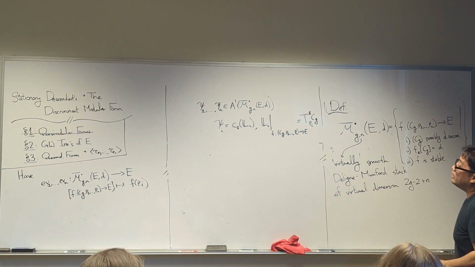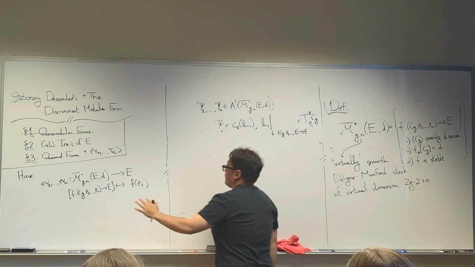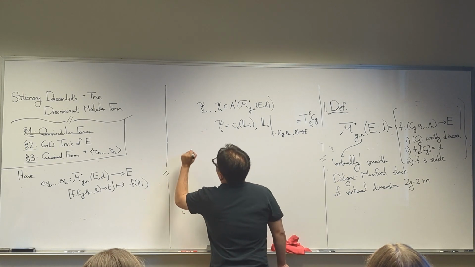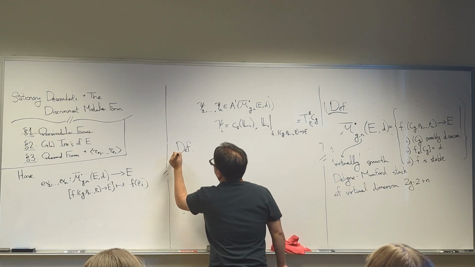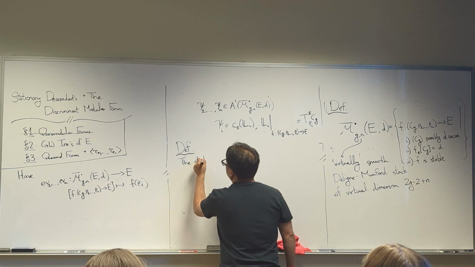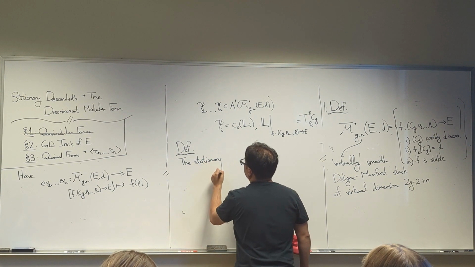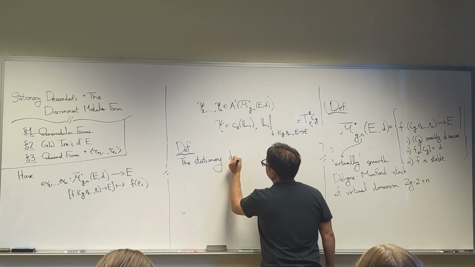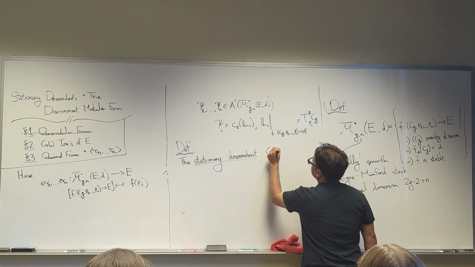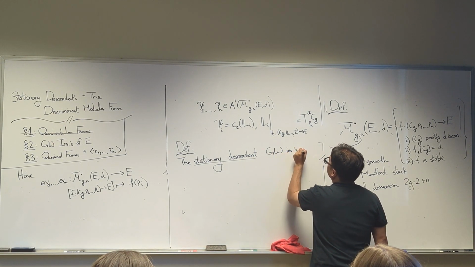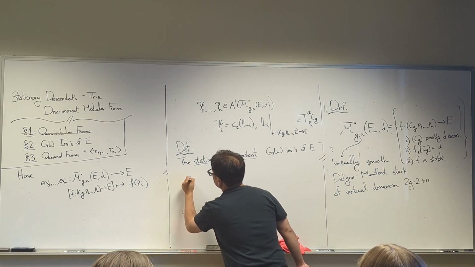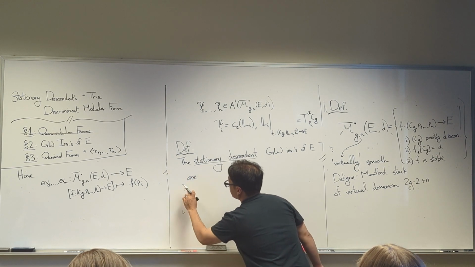Okay, so I have these classes and these evaluation maps, and now I can define what I mean by Gromov-Witten invariant in this talk. The stationary descendant Gromov-Witten invariants of the smooth elliptic curve E are defined to be the intersection numbers defined in this way.